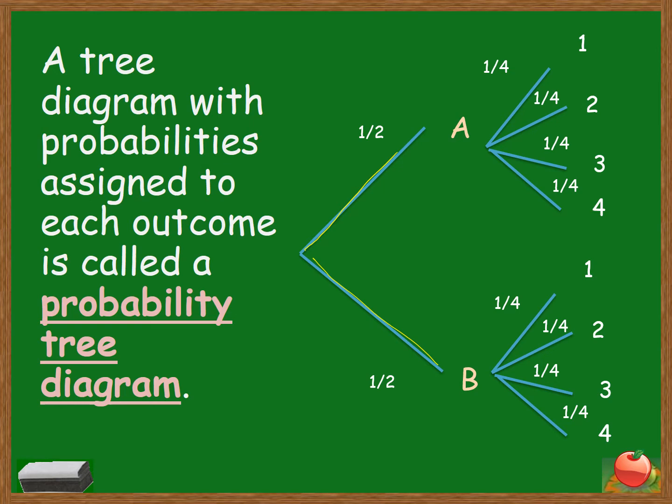Half of it was A, so there's a 1/2 probability you spin the A, 1/2 probability you spin the B. And then assuming that the four-sided die was fair, for each of my outcomes, 1/4 is the probability. So 1/4 probability that I get a 1, 1/4 probability that I get a 2, 1/4 probability that I get a 3, and so forth.